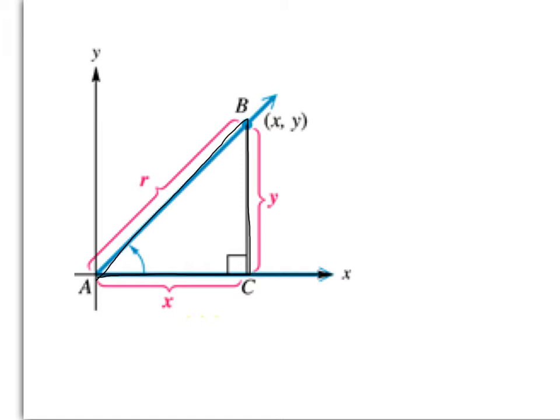When we're taking a right triangle off of the coordinate plane, we change the names of these values. We usually call the altitude lowercase a.